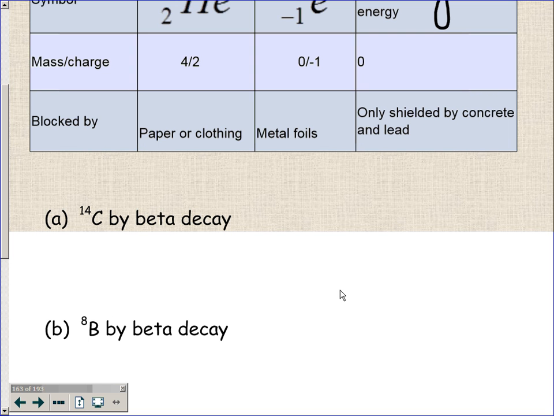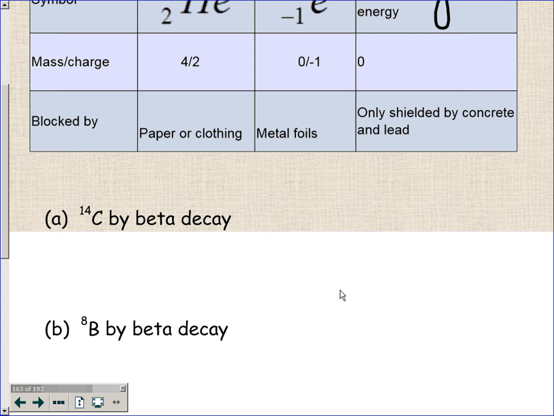Who's more penetrating? Beta. Because beta can come through paper, it can come through clothing, but it can be blocked by metals, which are a little bit more substantial, right? So it goes in order of danger, in order of penetrating power. Alpha particle, you put your clothes up, it blocks. But beta particle, you put some clothes up and it goes straight through, goes to your skin, to your body.